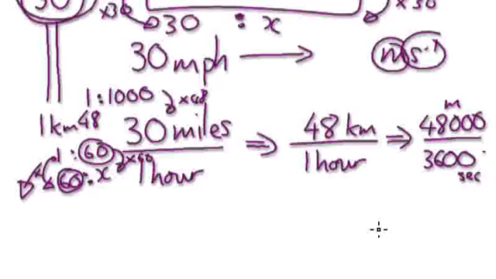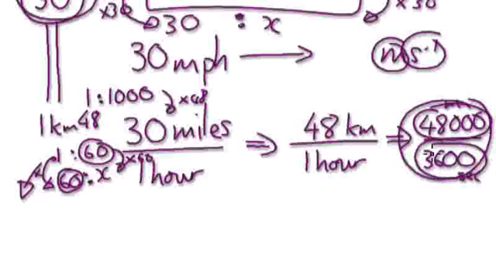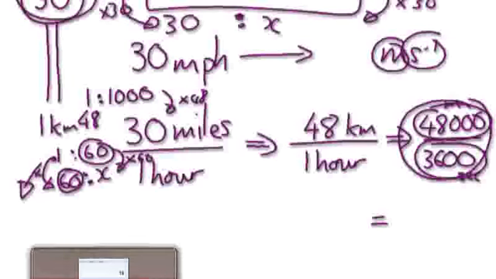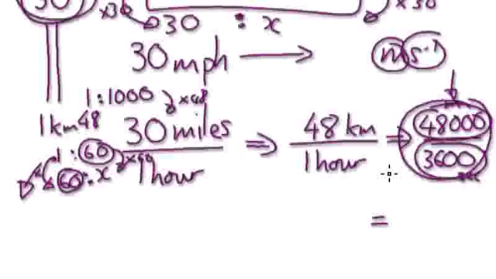Now, distance for 1 second is distance per second. If you get this number and divide it by this bottom number, you're going to get a number per 1 second. So that's the speed per second.